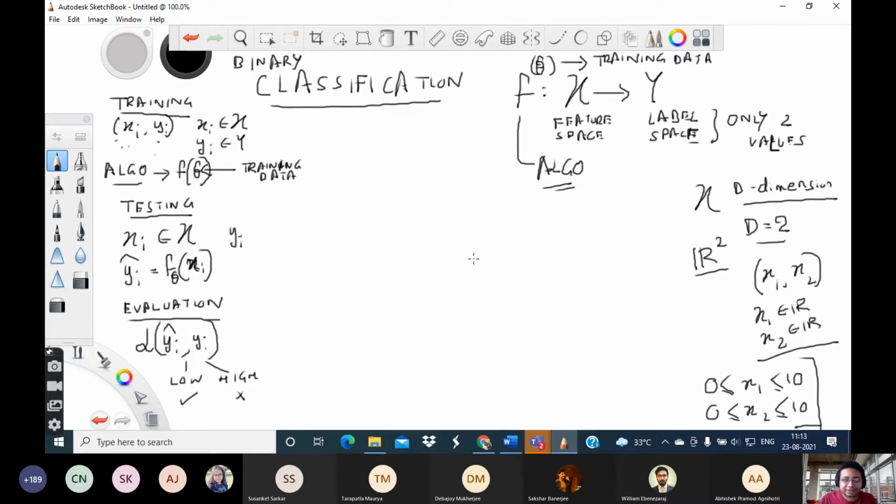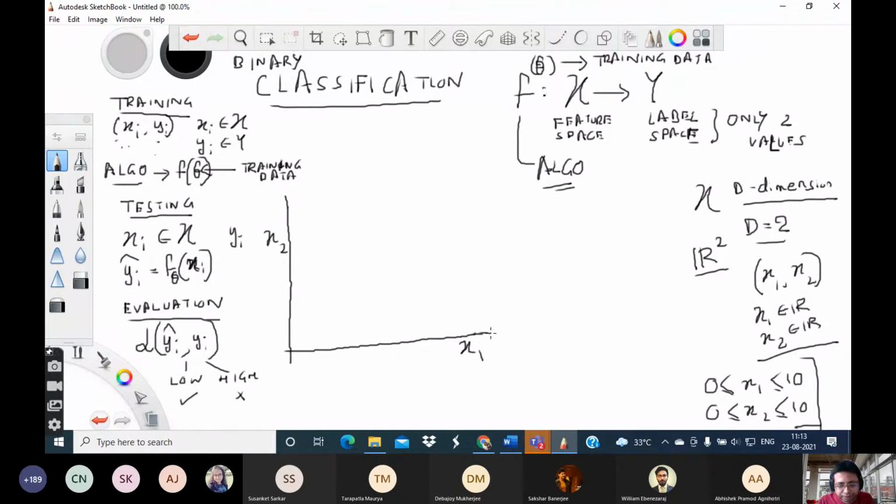Since the data is 2-dimensional real, I can plot it on any 2-dimensional surface like this screen. Along the horizontal x-axis I am plotting the first feature x1, and along the vertical axis the second feature x2.